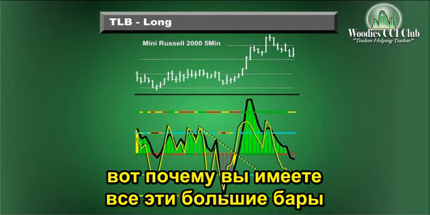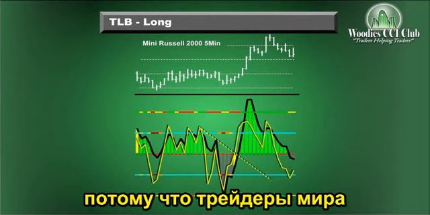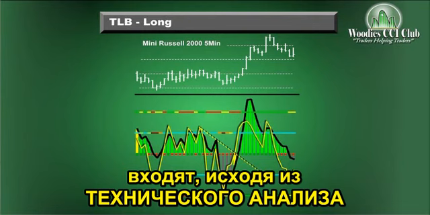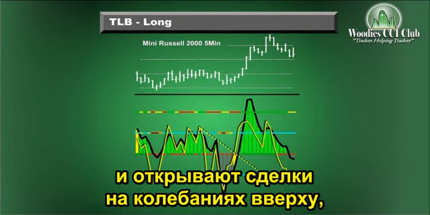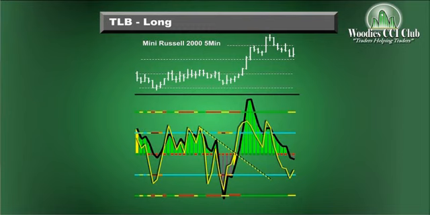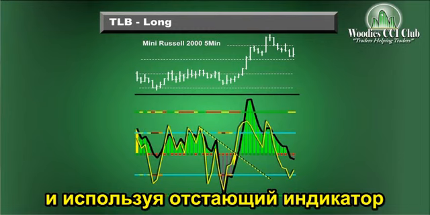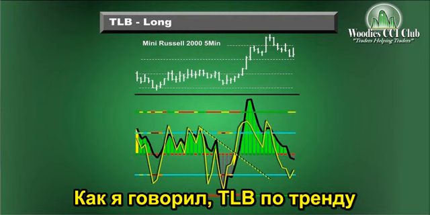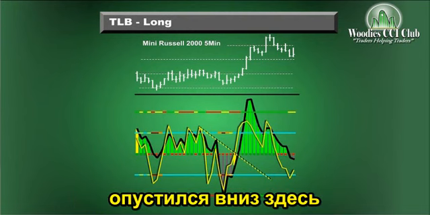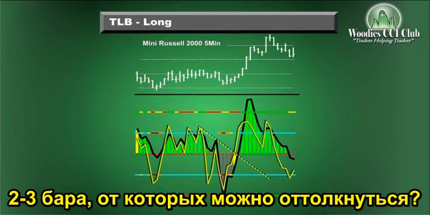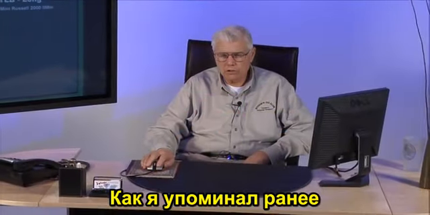That's why you have all those big bars, because traders in the world are getting in on a standard technical analysis of taking out those swing highs, getting in on the breakout and using lagging indicators. As I said, the trend line break with the trend got us in down here. So we're in the trade here 2, 3 bars ahead of the rest of the world.